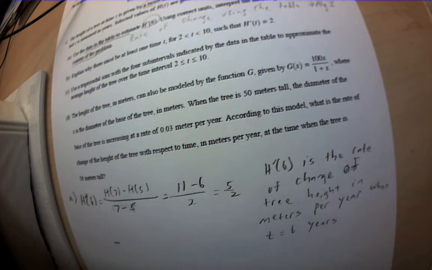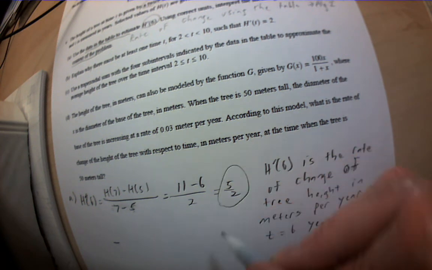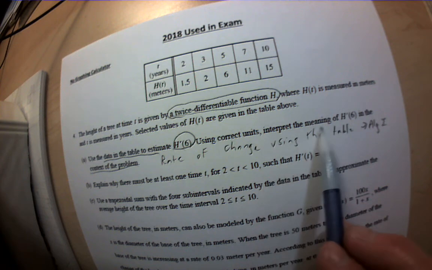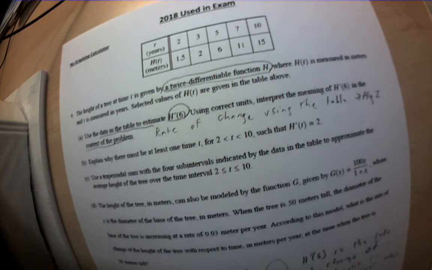So guys, they're looking for 2 things there. They want h prime of 6, which is 5 halves, and they also want you to tell them what it says. Interpret the meaning. All right. So that's part A.